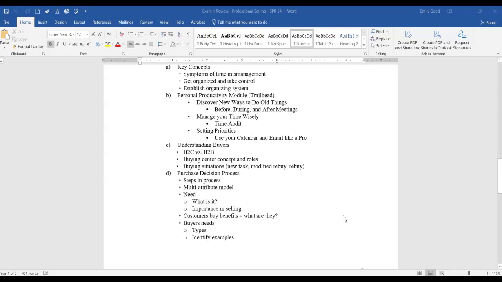I have multi-attribute model on here. I'm not going to ask a lot about it. The rest of it, I think, is very clearly laid out in the slides and the videos if you're in the hybrid class that accompany.